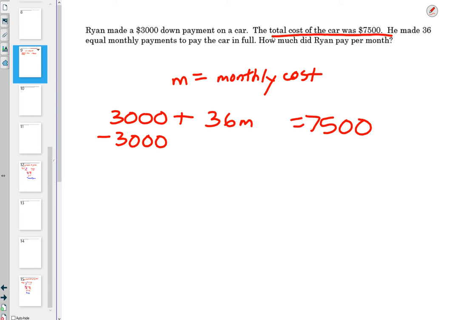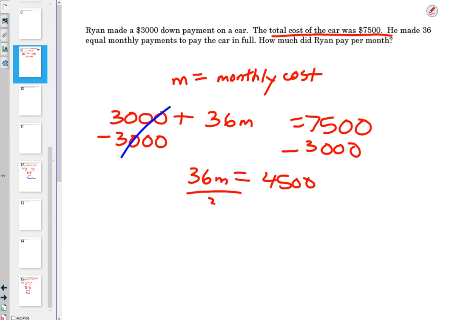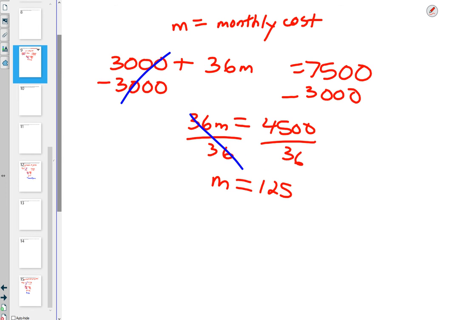Minus 3,000, minus 3,000. 36M is equal to 4,500. M is 4,500 divided by 36. What's the monthly cost? So you guys got it wrong, and it's $125.